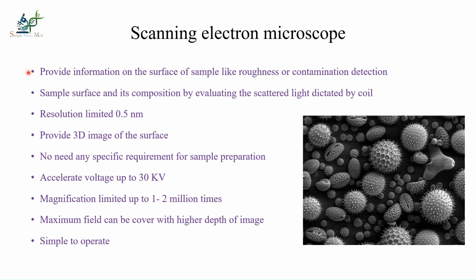So we will get an idea about the surface of the sample and the surrounding area, the sample surface and its composition, by evaluating the scattering detected. Its resolution limit is 0.5 nanometer and it will provide a 3D image of the surface.